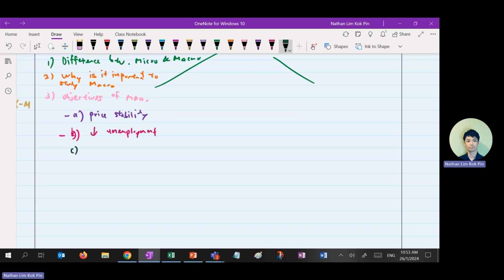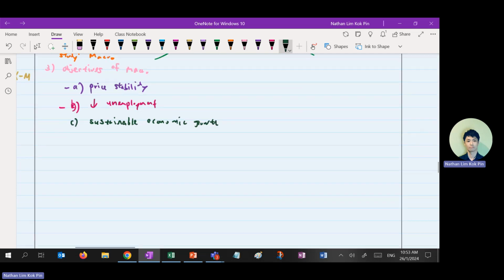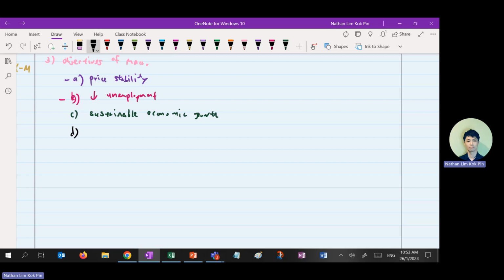Sustainable economic growth. What else? Distribution of income, or equal distribution of income. What else?